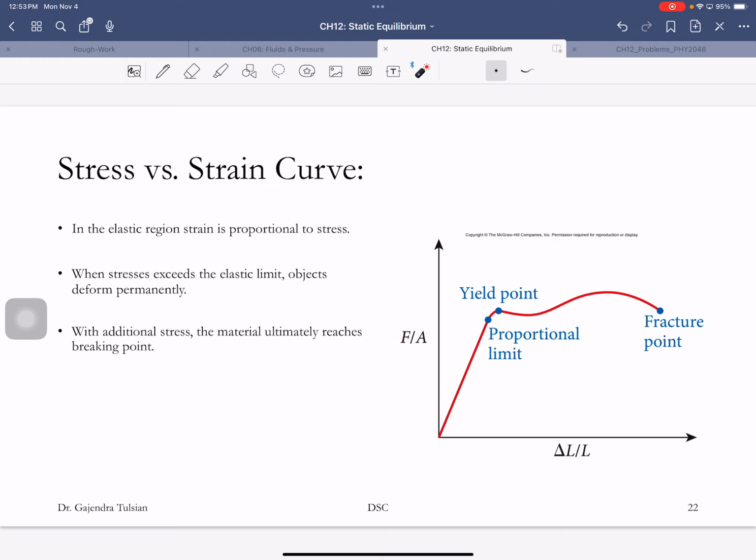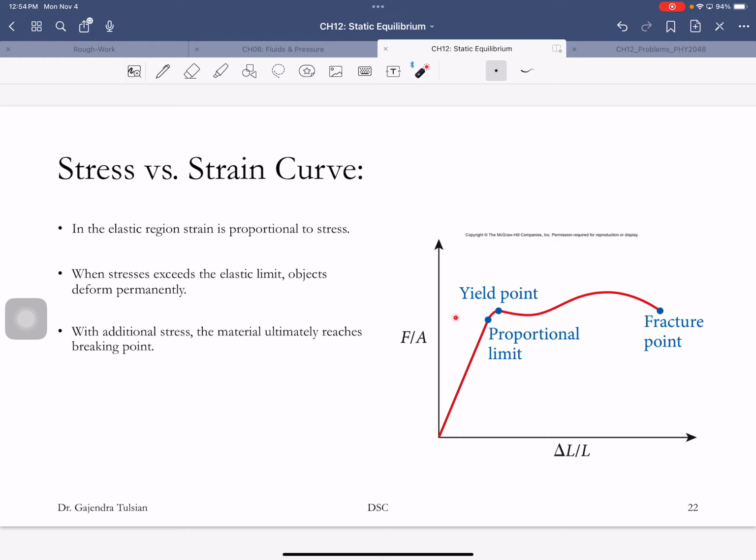This is the proportional limit, or the elastic limit. If you apply this much stress, this is the strain it undergoes, and when you remove the stress, the wire will go back to its original shape. You apply this much stress, it'll stretch that much. You remove the stress, it'll go back to its original shape.